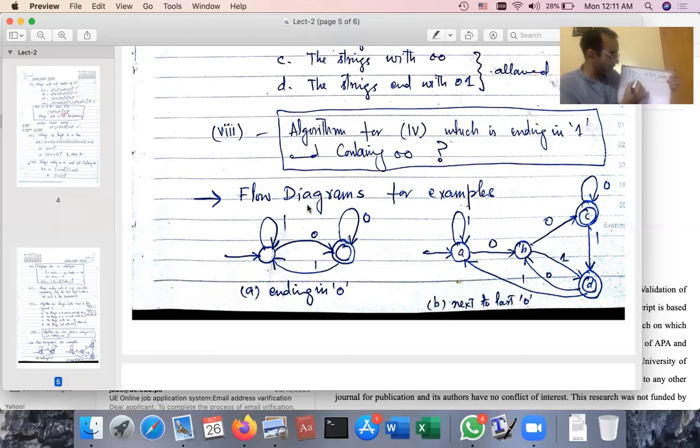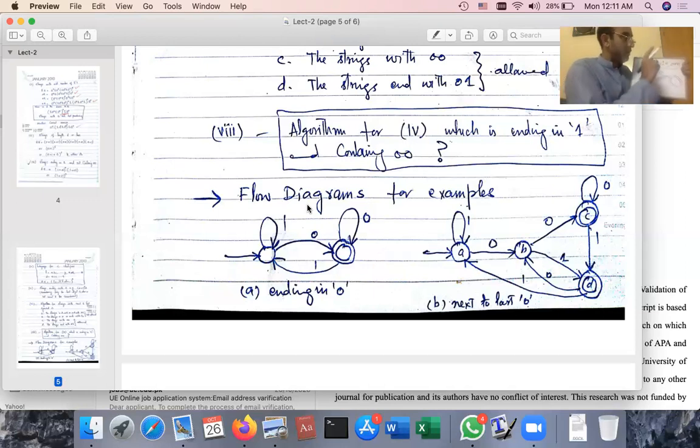Then you think, okay, starting state, and then you have to give zero. So this is the minimum string. You have to pass that minimum string towards the final state. If it is a final state, then you represent it with a double circle.